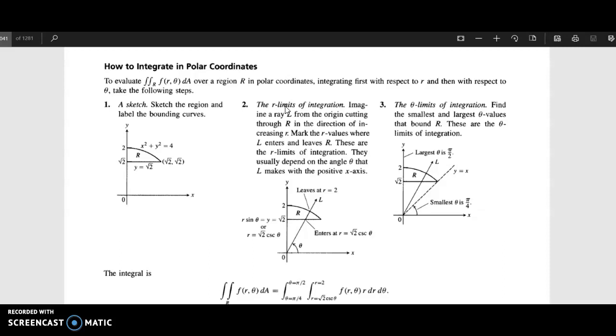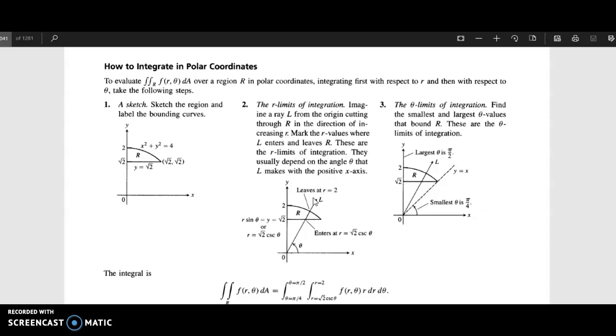Imagine a ray L from the origin cutting through R in the direction of increasing r. Mark the r values where L enters and leaves R. Draw a line starting from the origin, cutting through R in the direction of increasing r.